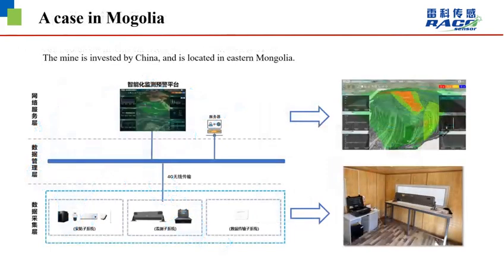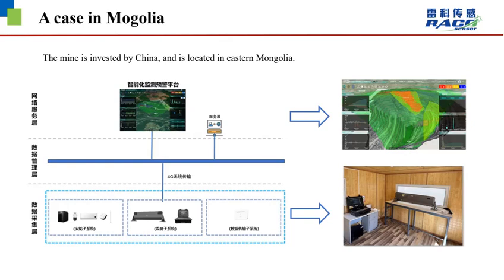This is a case from Mongolia that I will explain to let you understand how slope radar works in mines. The mine is invested by China and is located in eastern Mongolia. This is the basic situation of the project.